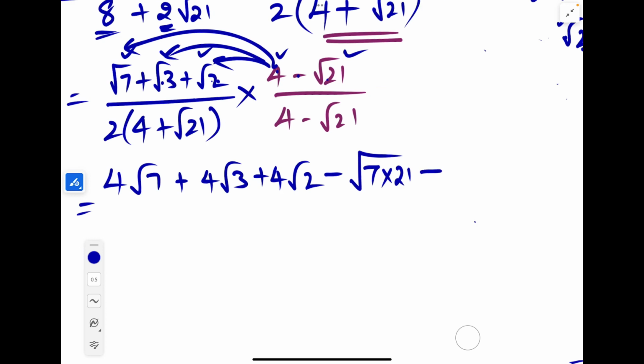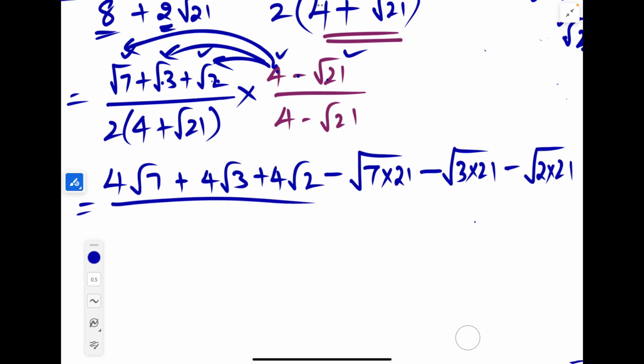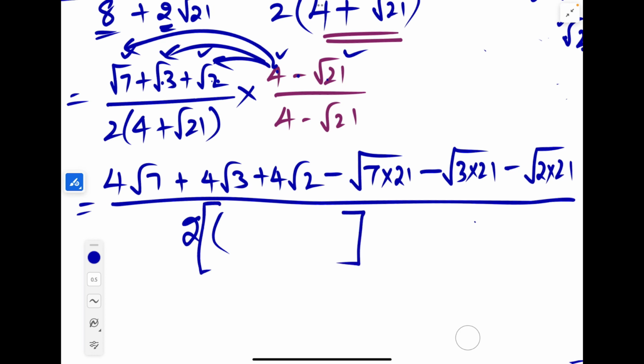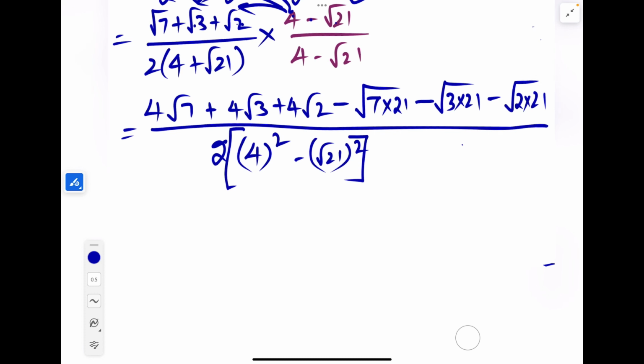So we will get minus root of 3 into 21, minus root of 2 into 21, by 2 times again a plus b into a minus b. Now if you observe, the irrational number becomes rational, because we'll be getting 4 square minus root 21 square.